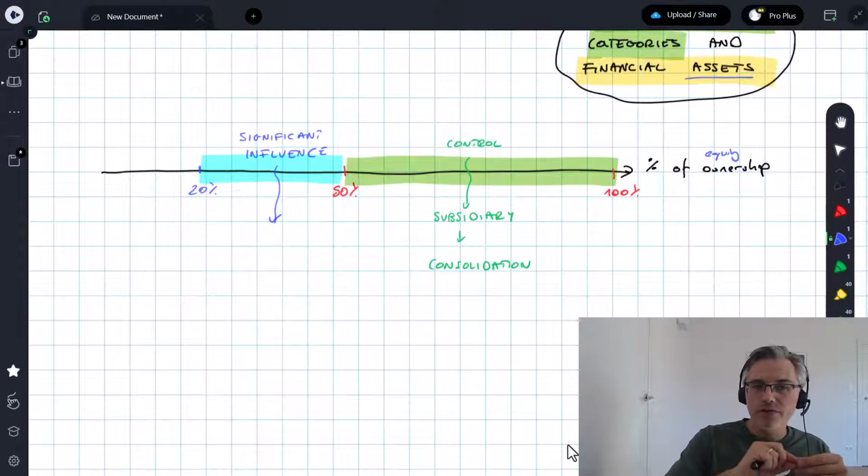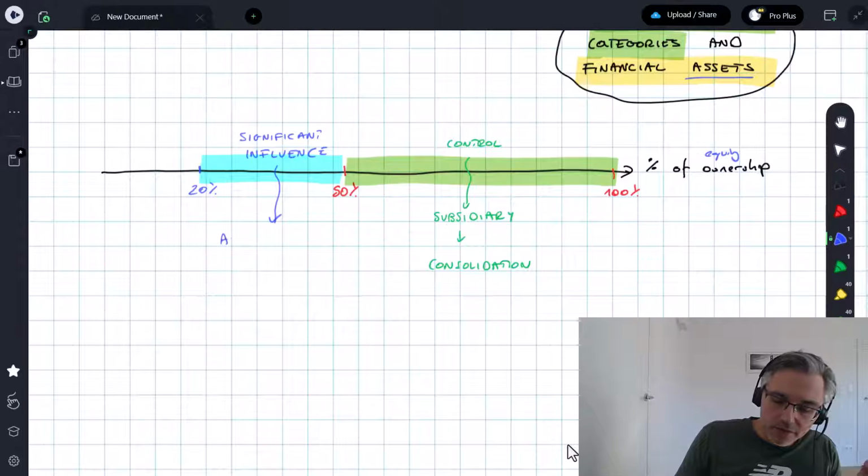And the company over which we have that significant influence would be called an associate of ours.